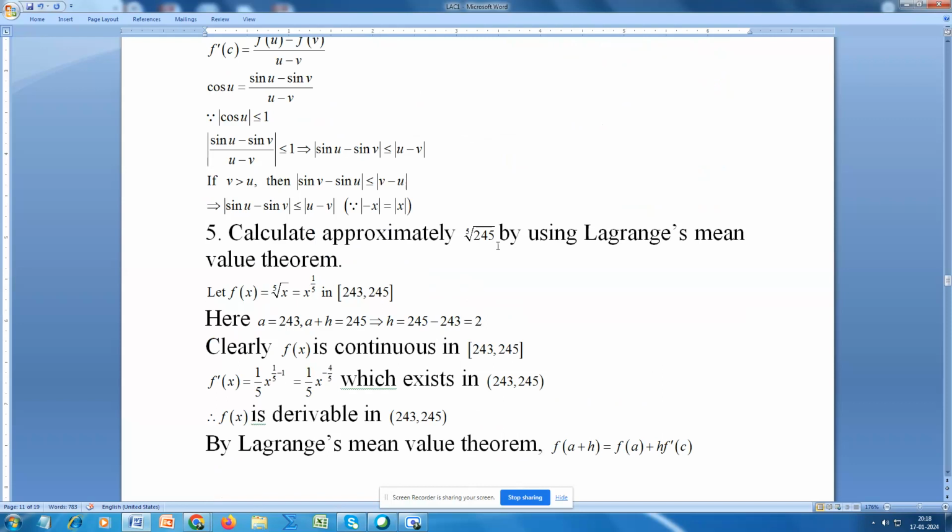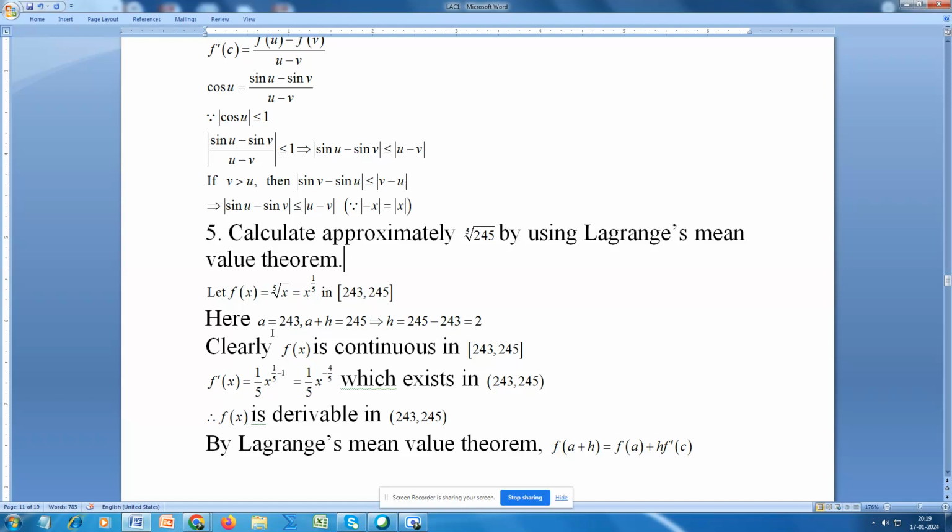Calculate approximately fifth root of 245 by using Lagrange's mean value theorem. So for finding approximate values, you just find where it satisfies. Fifth root of 245, you take f of x as fifth root x, that is x power 1 by 5, in the closed interval 243 comma 245, because 243 whole power 1 by 5 is 3.